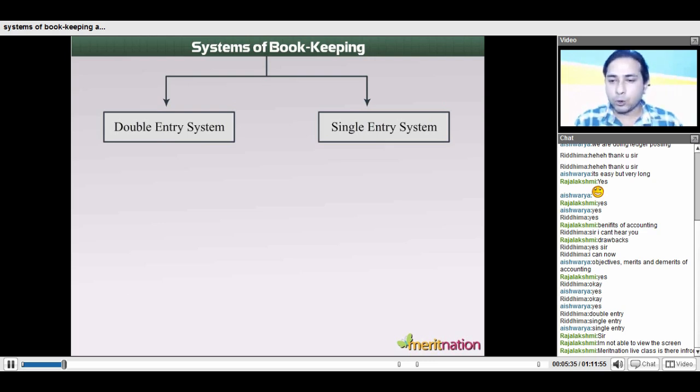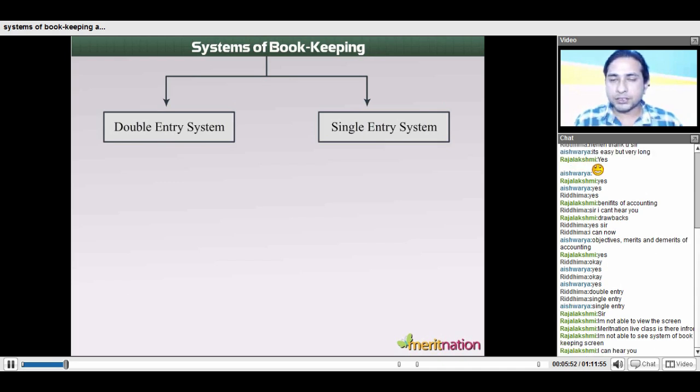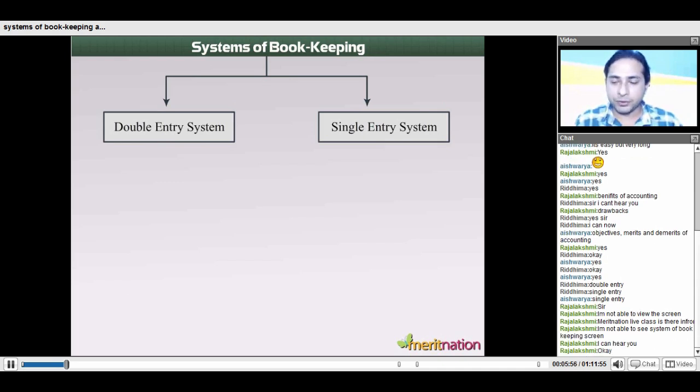Just try to log out once and then log in again. Rajlakshmi, can you hear me? You cannot view the screen. Okay. Just try to log out once. Rajlakshmi, if you can hear me, just try to log out once. Fine? Okay, class, let's continue.